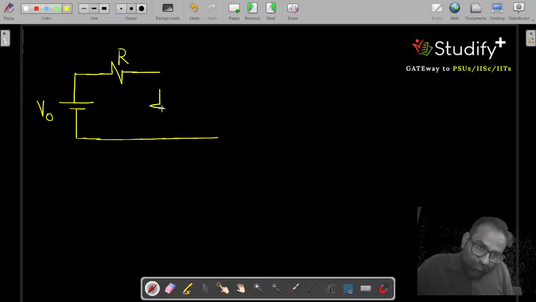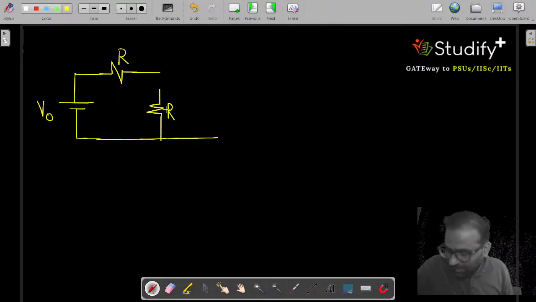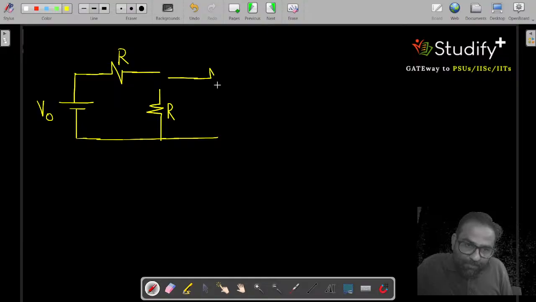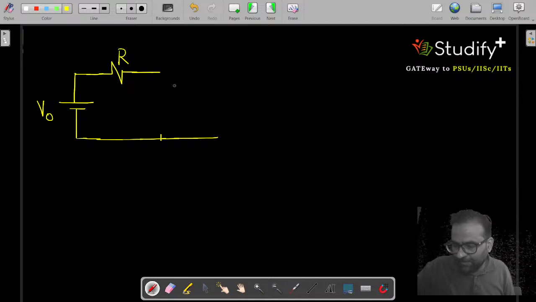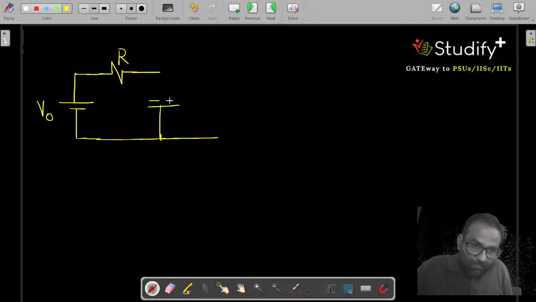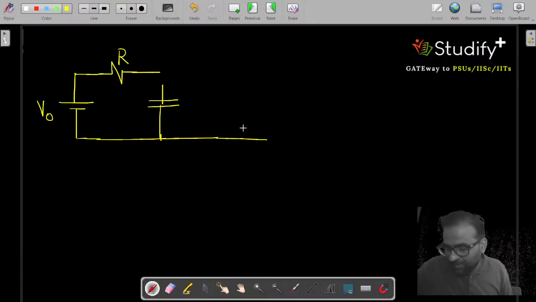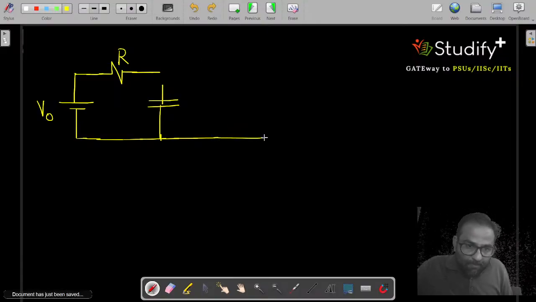One resistance is given. One capacitor is given, and one RC is also given.